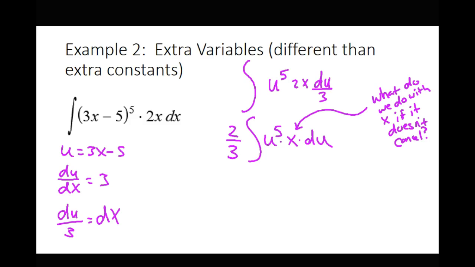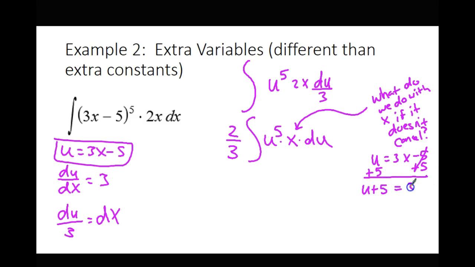So here's our answer. We're going to take this and solve for x. We're going to get the x by itself. So u is equal to 3x minus 5. What would I do to get x by itself? That's right. Add 5, and divide by 3.